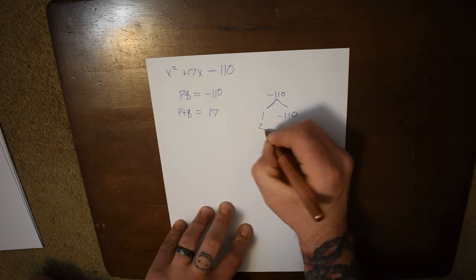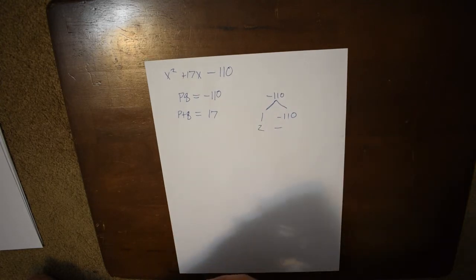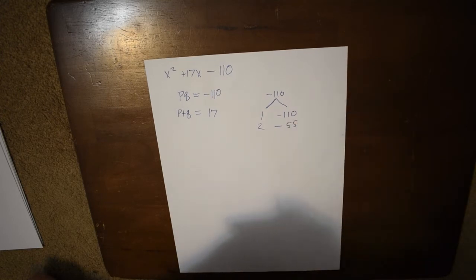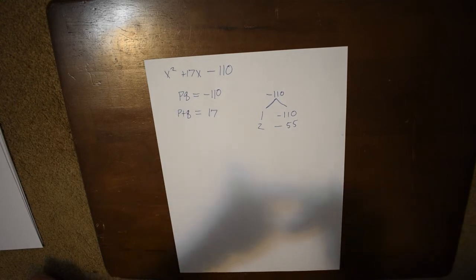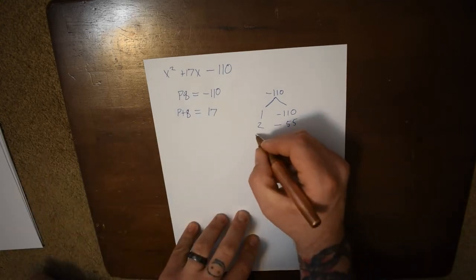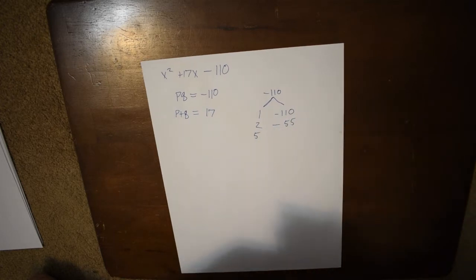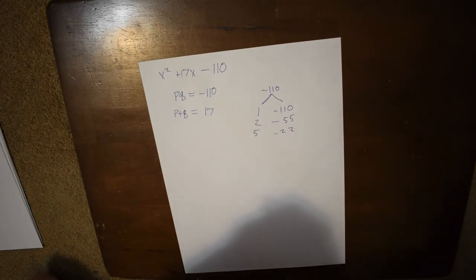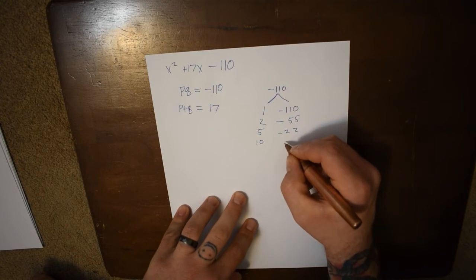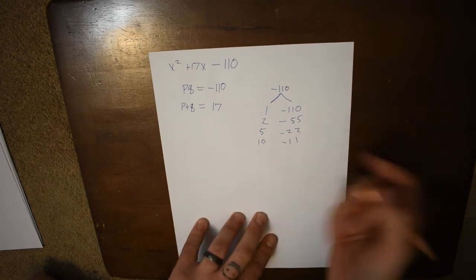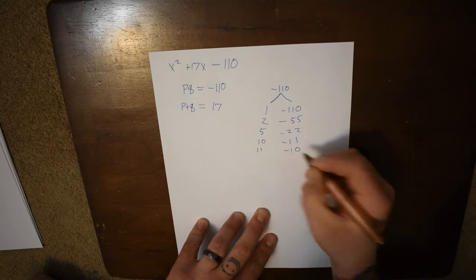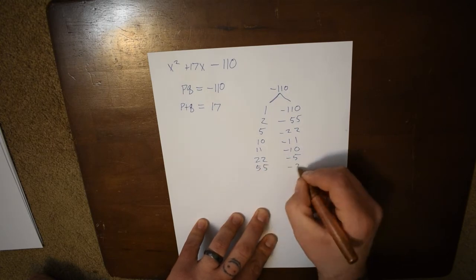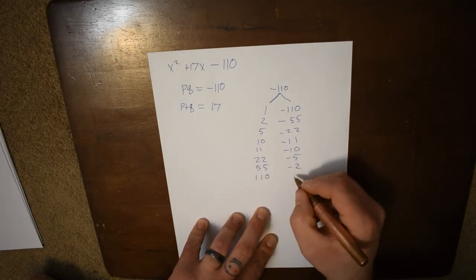I know that 2 times a negative 55 is equal to negative 110. 3 doesn't go in there, 4 doesn't go in there, 5 does. 5 and negative 22. Oh, and then 10 and negative 11. And now they're going to double back. We're going to have 11 and negative 10, 22 and negative 5, 55 and negative 2, and 110 and negative 1.